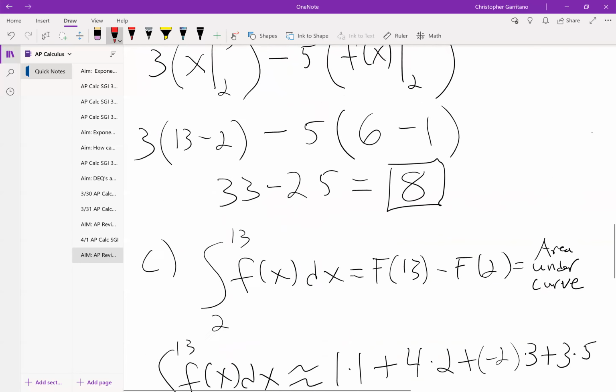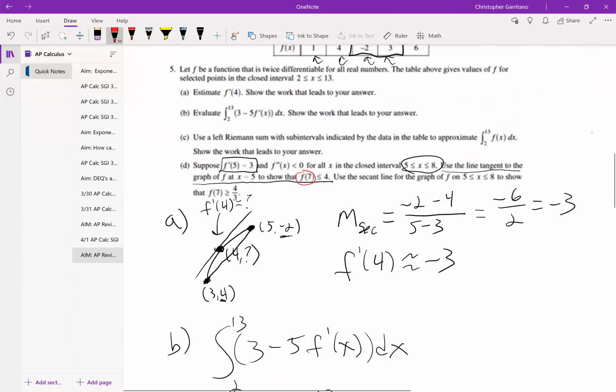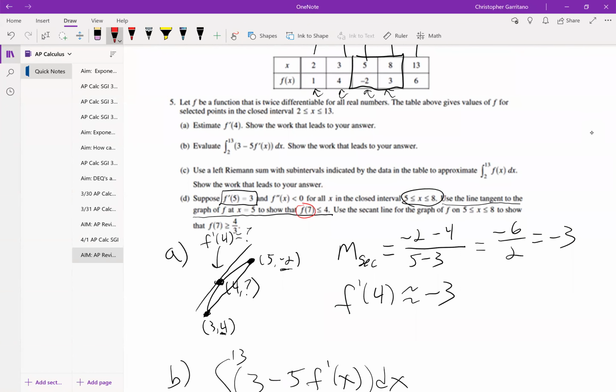All right, so we've proven that very first statement. Certainly if 4 is greater than f of 7, then 4 is also greater than or equal to f of 7. Okay, so that's step 1.